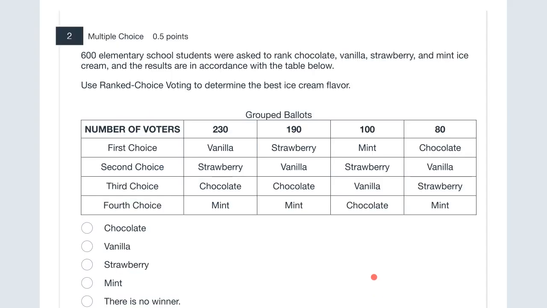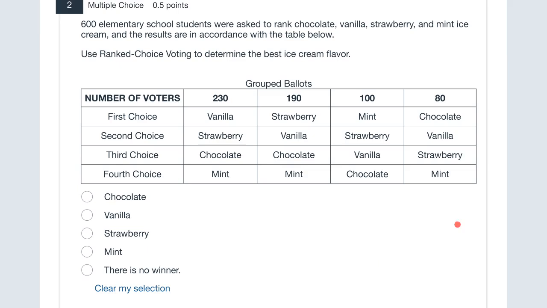Number 2. When we're doing ranked choice voting, the first thing we should do is determine the total number of voters. If we add together 230 plus 190 plus 100 plus 80, you see that there are 600 voters.